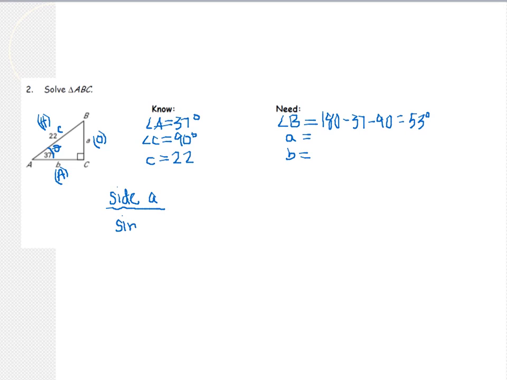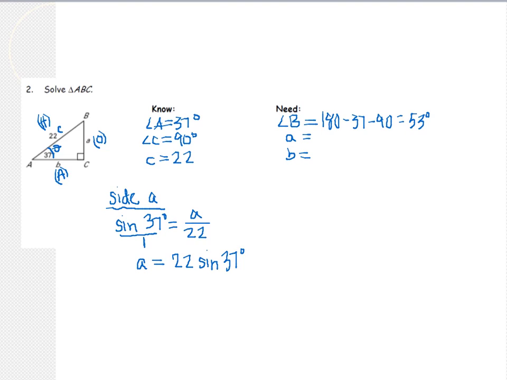So sine of theta, which is 37 degrees, equals opposite, which is A, over hypotenuse, which is 22. I'm going to make these both into a fraction so I can cross multiply. So I have A times 1, which is A, equals 22 times the sine of 37 degrees.